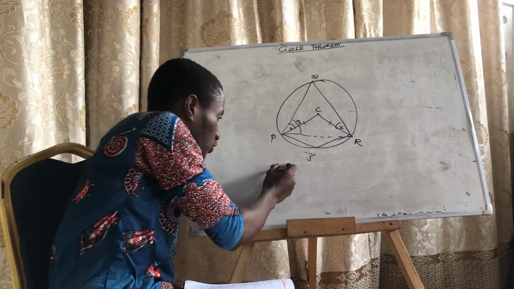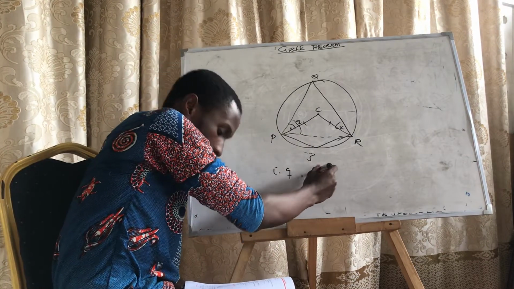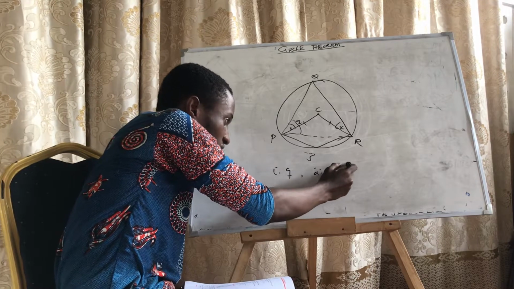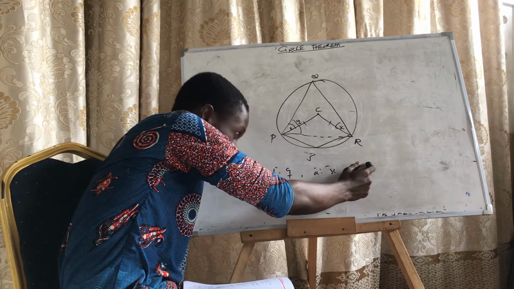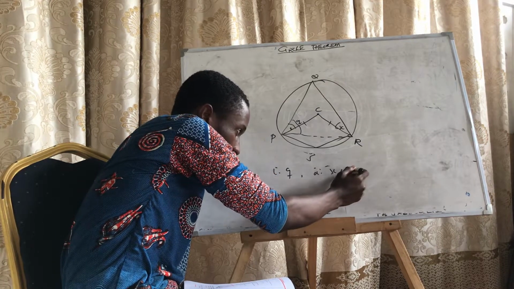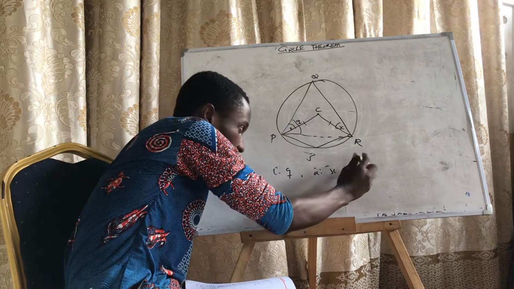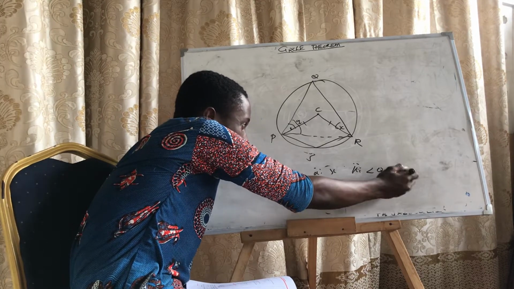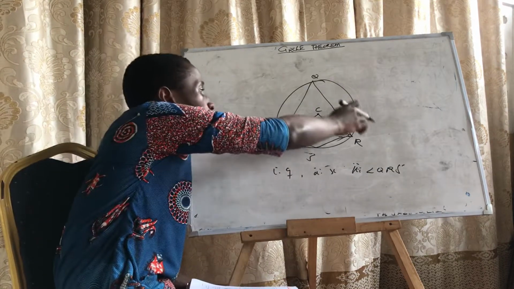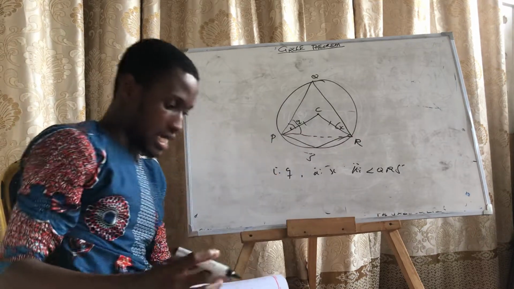They are asking us to find Q. They are asking us to find X. They are asking us to find the angle QRS. So QRS, this whole angle.